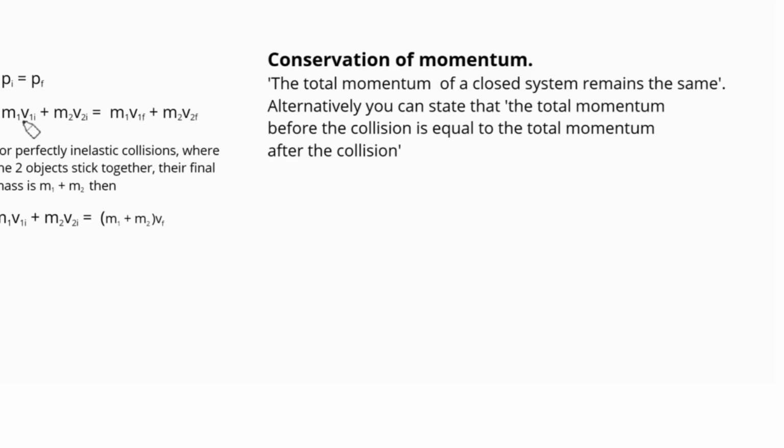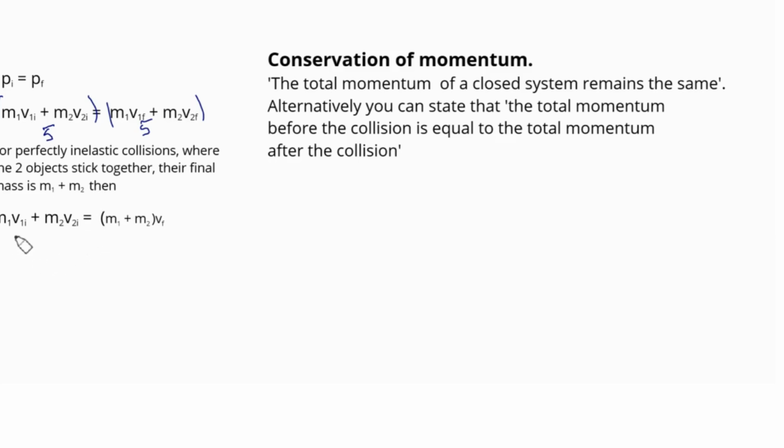You must understand that neither one of these individually is conserved, but the sum is conserved. So if this answer turns out to be 5, then this will also equal 5, the sum of all of this versus the sum of all of that. Now, because they are going to stick together, their final mass will become the sum of the two masses.